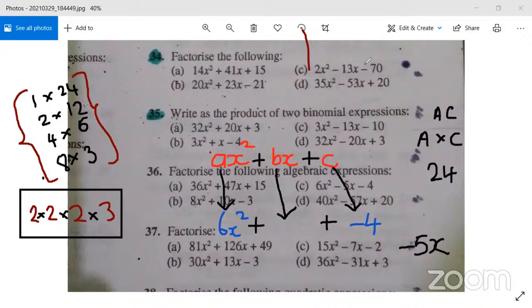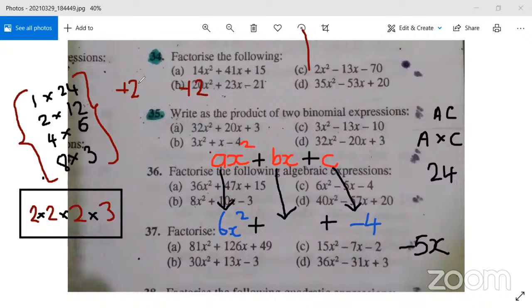Now, let me explain what I mean by that. You need to either have a plus 2 and a minus 12, right? Well, no, we don't want to multiply them at all, actually.